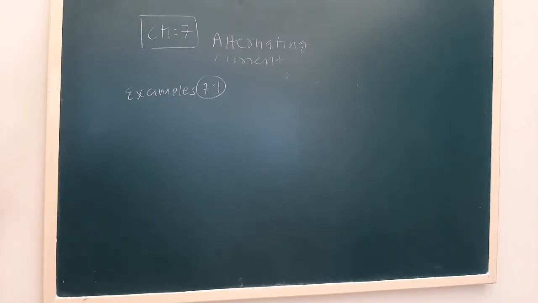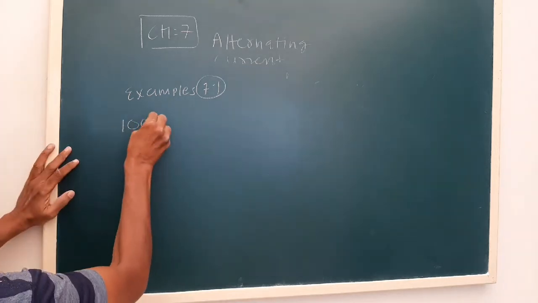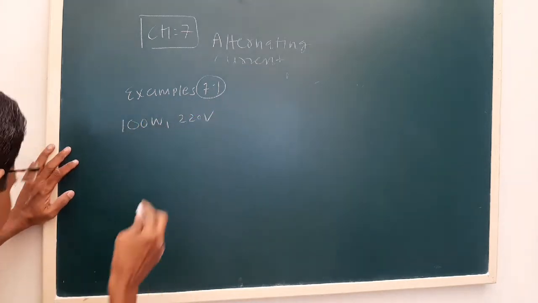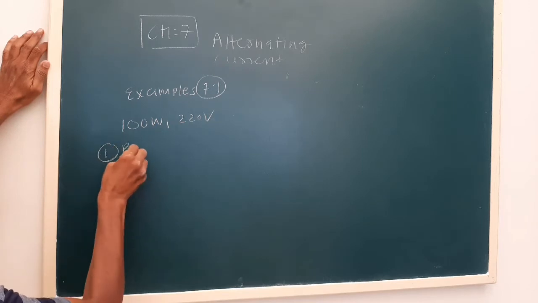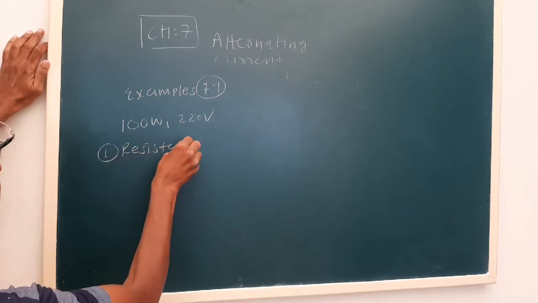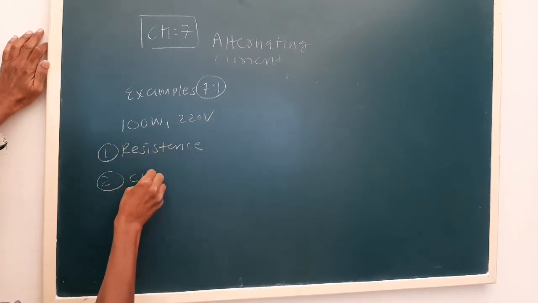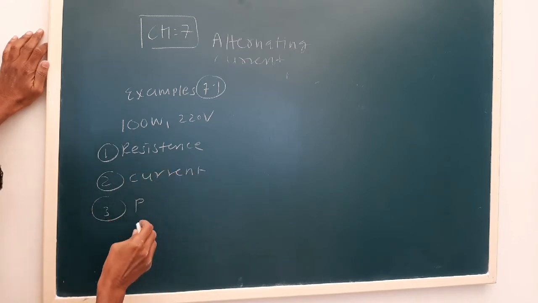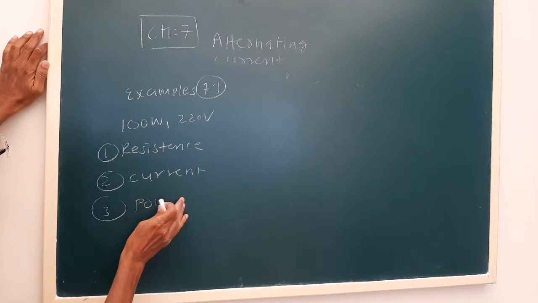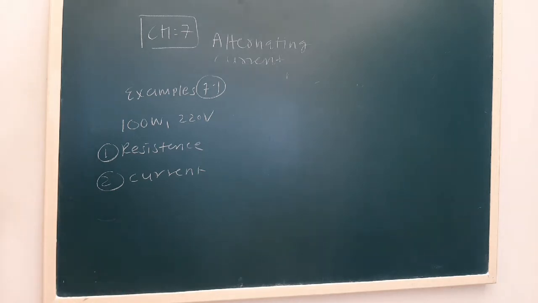A light bulb is 100 watt, 220 volt. What you have to find out is the resistance of the bulb, second the current, and third the power. Power is given, sorry.